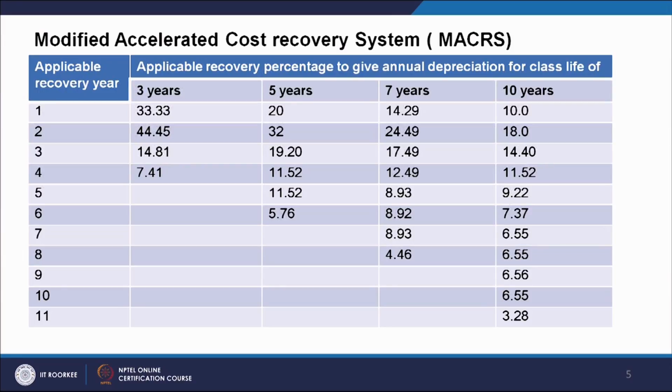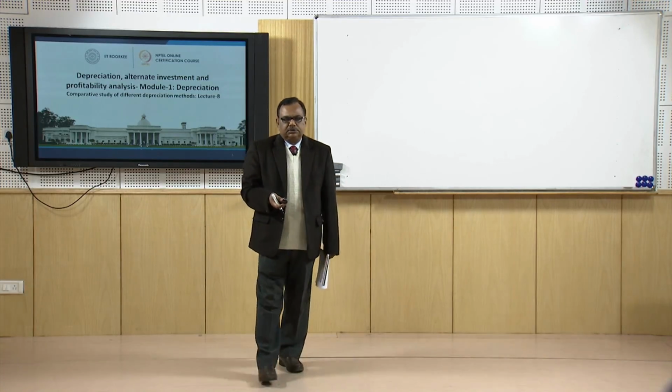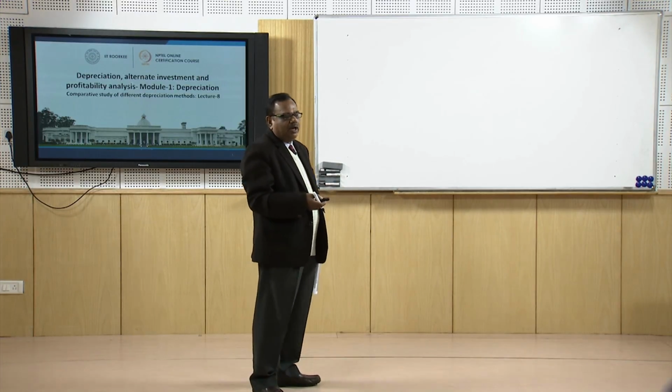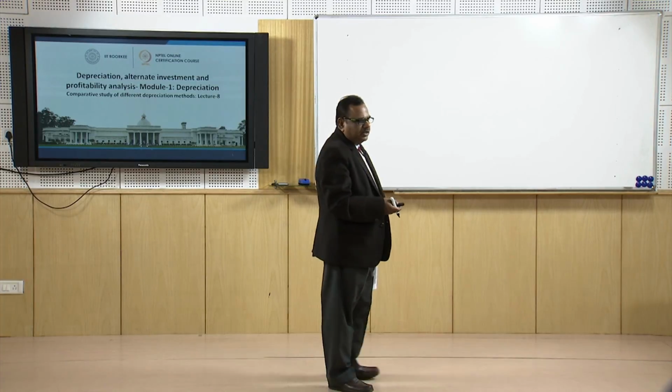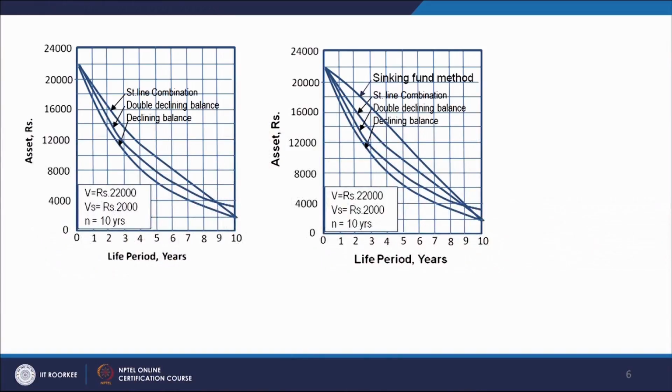The data given in this table is used to compute the depreciation rates for different years in the MACRS method. These two graphs show how the book value changes in different methods. This very clearly tells how the book value changes.